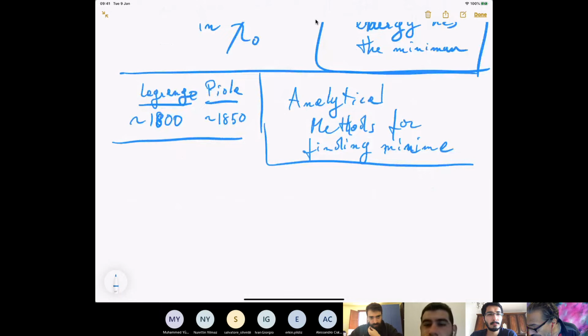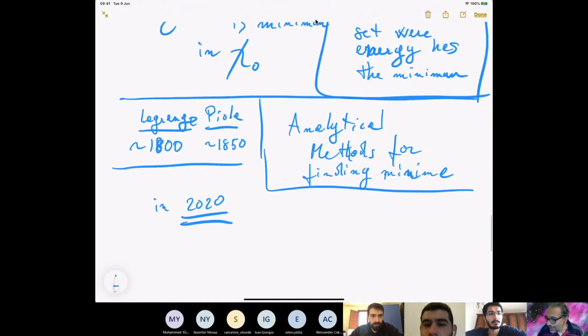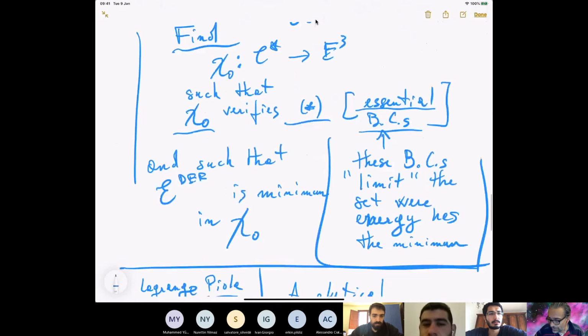Now, what Ivan will teach you, will start teaching you tomorrow, is that in 2020, we can solve this problem with numerical methods.